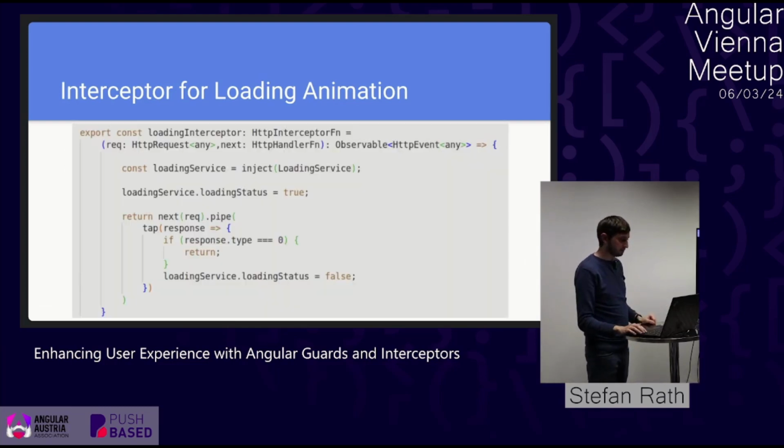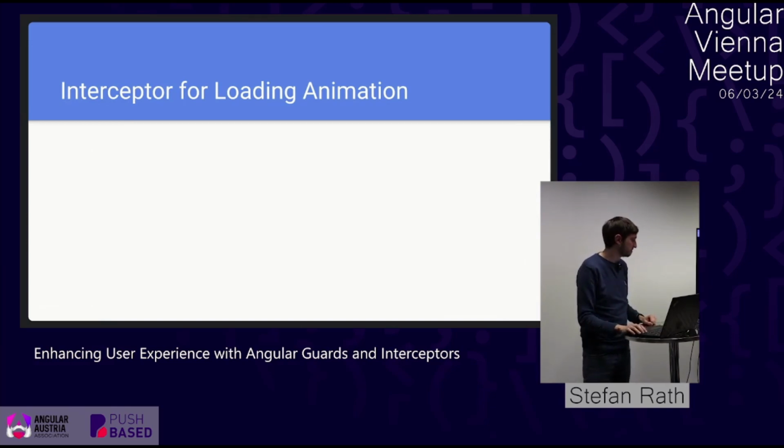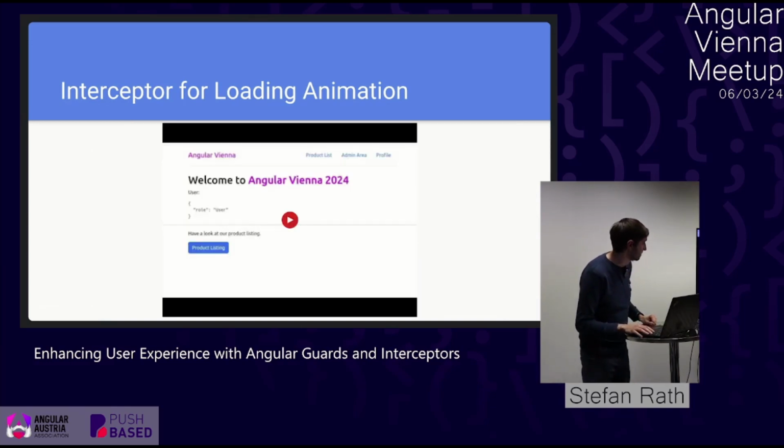This is how a loading interceptor could look like. Just really basic. You have here loading status true. If we receive a response, loading status is false, and this is how it could look like.